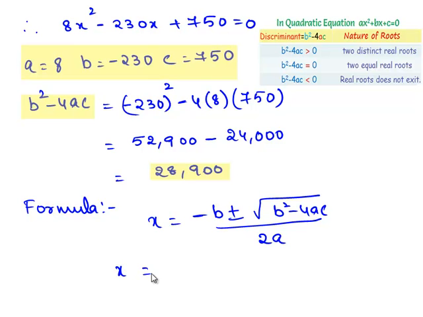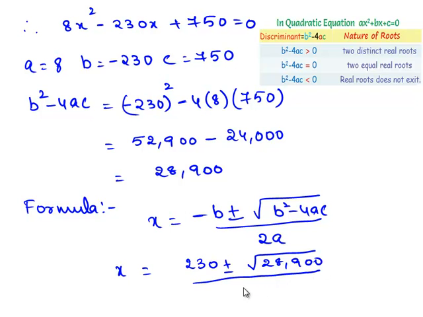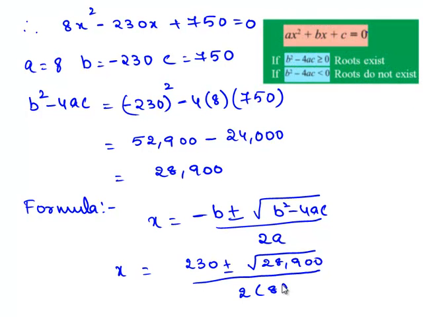So on substituting, we have x is equal to minus b, which is minus of minus 230, so it gives 230, plus or minus square root of b square minus 4ac, which is square root of 28,900, whole divided by 2a, that is 2 multiplied by 8. So this gives x is equal to 230 plus or minus square root of 28,900, which is 170, whole divided by 2 multiplied by 8, which is 16.